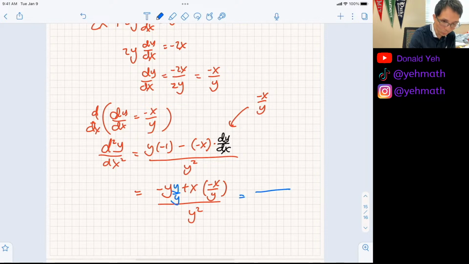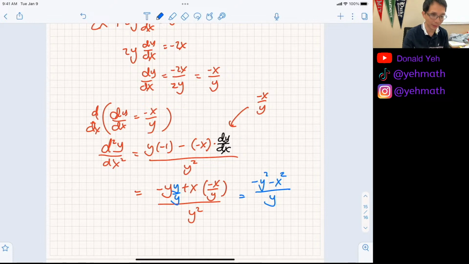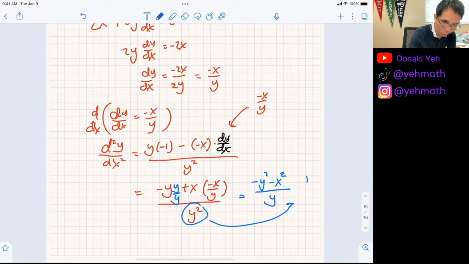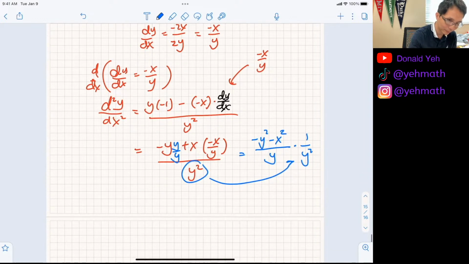So I'm going to get negative y squared minus x squared. Now, since I divide the whole thing by y squared, can I change this to 1 over y squared? Does that make sense? You divide it by y squared, so it would be 1 over y squared. Why did you multiply by y over y? Because I need to combine the fraction on the top.